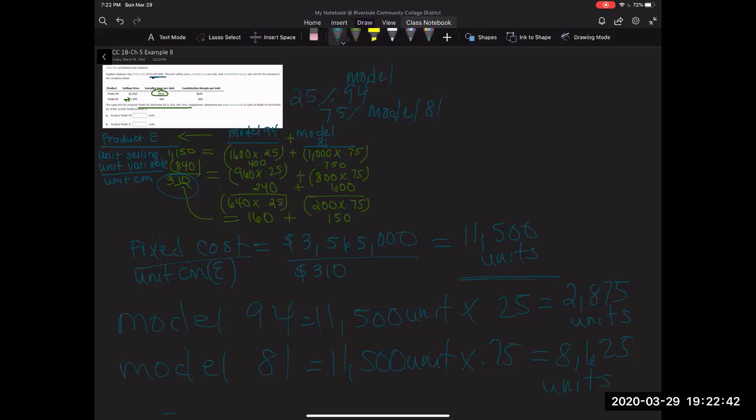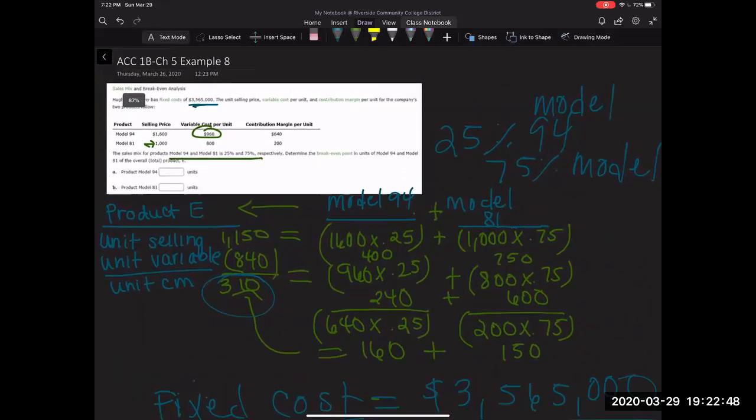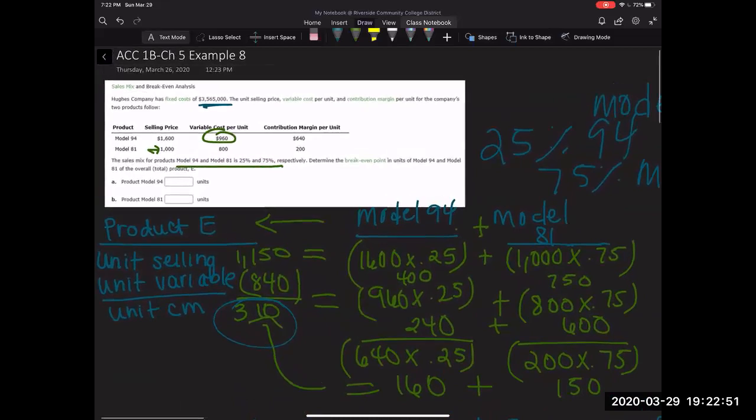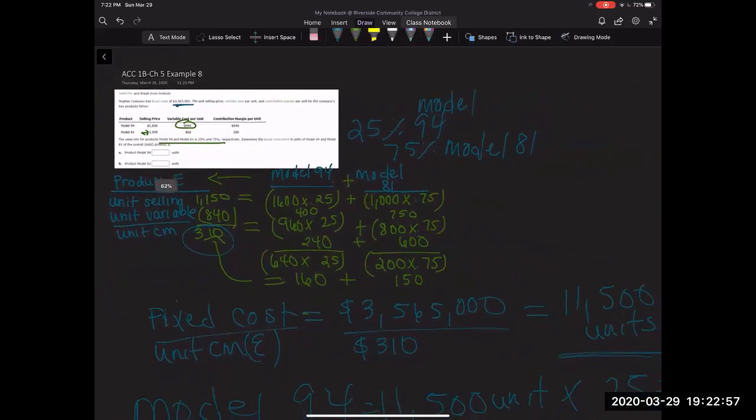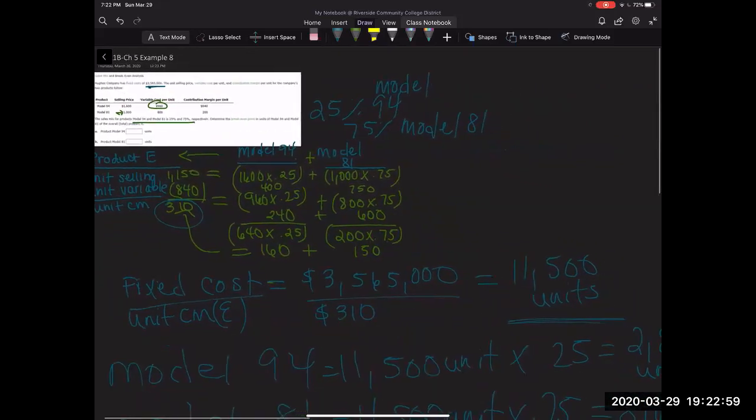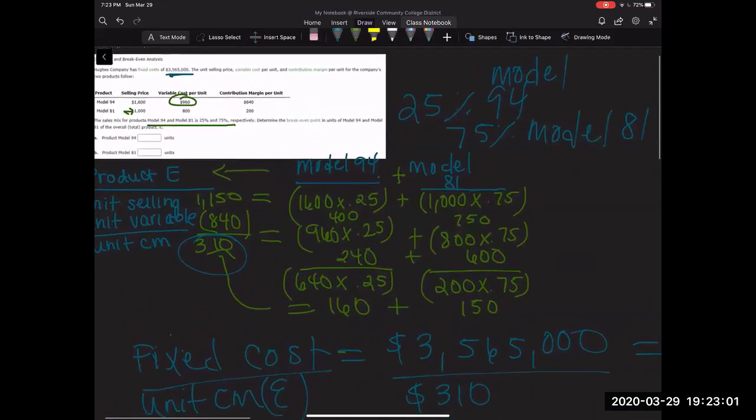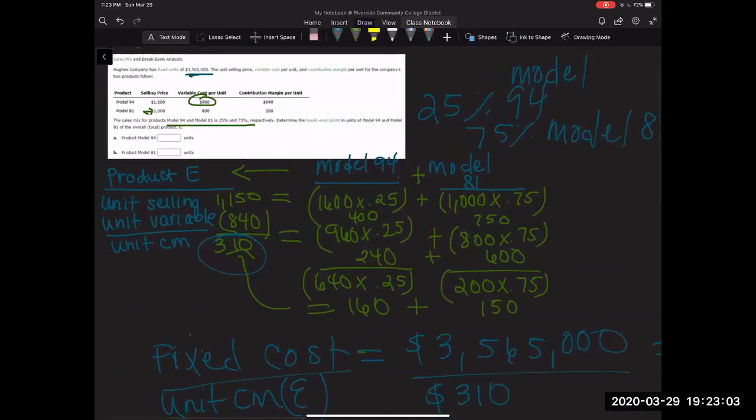That is how we calculate the break even in terms of units. Yes, it's a lengthy process, but that's how we go about it. The company wants to know their break even, but more specifically, by product. Using a sales mix and this information, we were able to calculate the break even for model number 94 and model number 81.